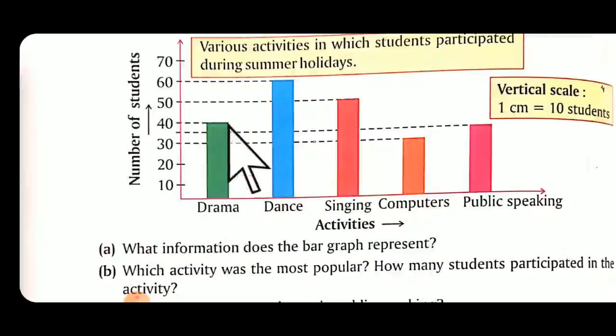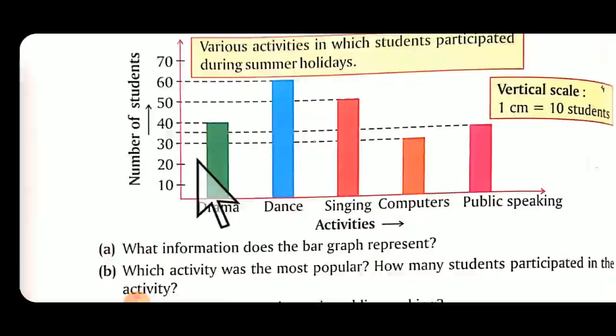So drama, how many of them have participated? 40. Then dance, you have to see where the blue line ends, that is 60. Singing, how many participated? 50. Then computers, very less, that is 30. And public speaking is in between 30 and 40, that means we have to take it as 35.